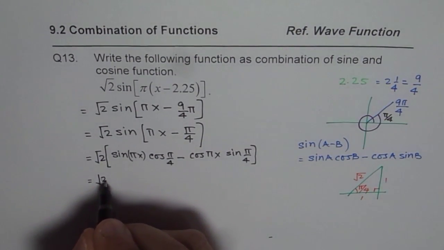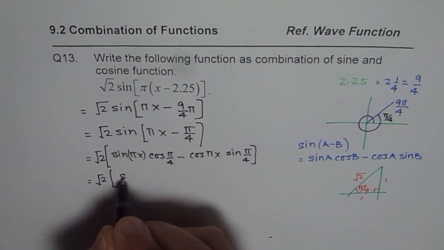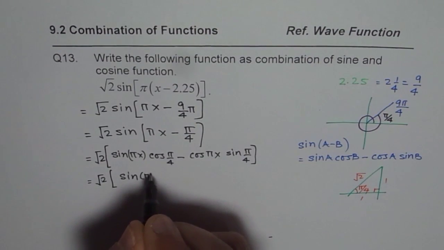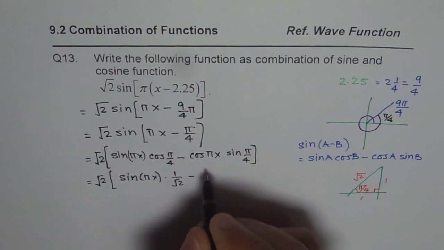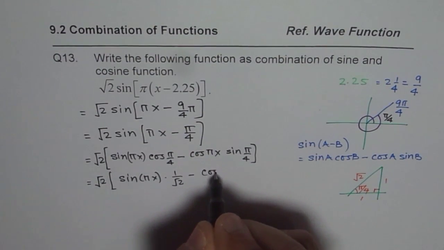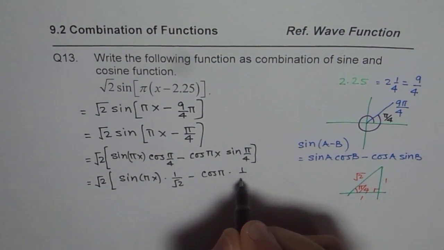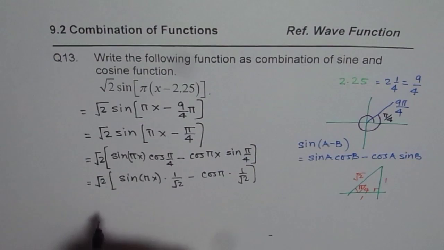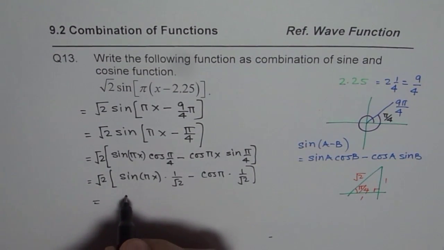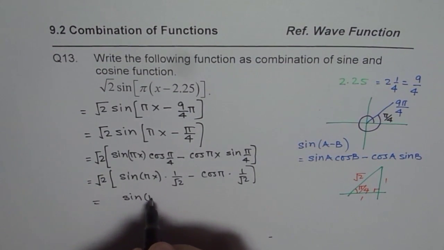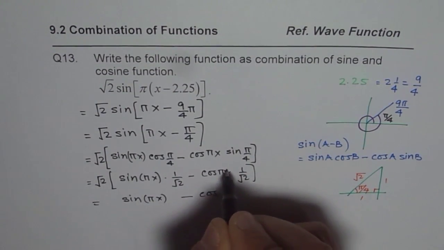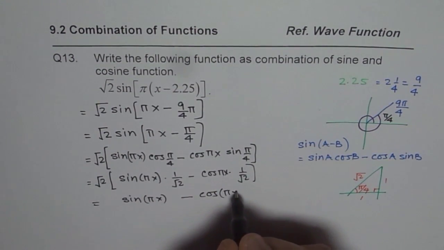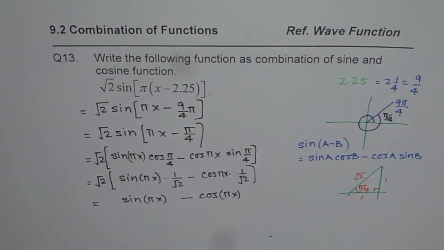So we can write this as square root 2 times (sine pi x times 1 over square root 2 minus cos pi x times 1 over square root 2). Now when you open the bracket, you get sine pi x minus cos pi x, correct? That is what you get.